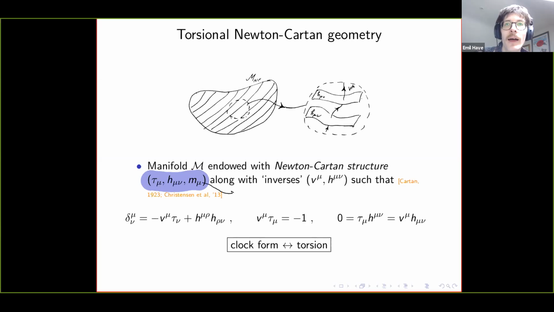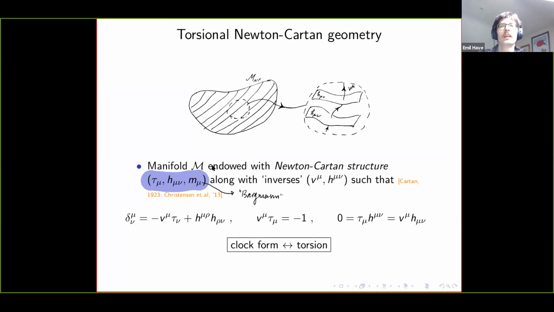This is the Bargmann mass, this is the field. So if you consider a field theory living on a Newton-Cartan background, this is the field that couples to the mass current. Now, along with these objects, we can define not exactly inverses, but sometimes they're called projective inverses, such that these relations down here are satisfied.